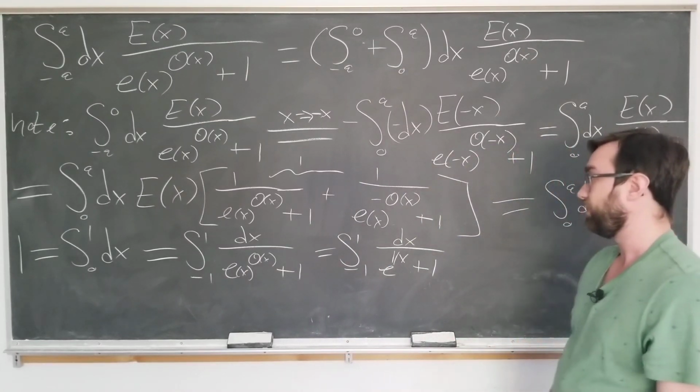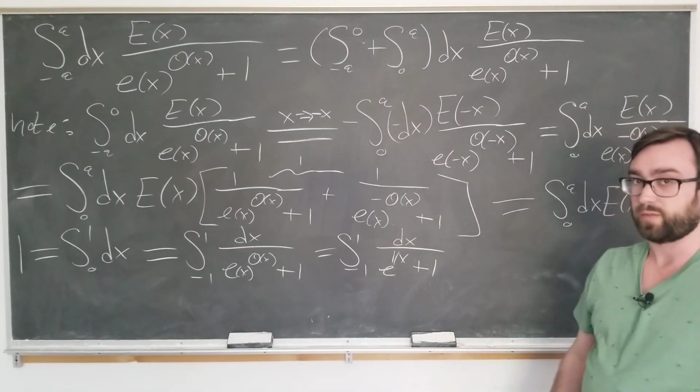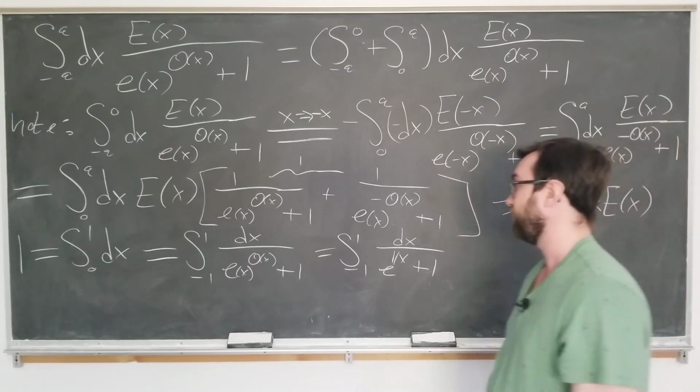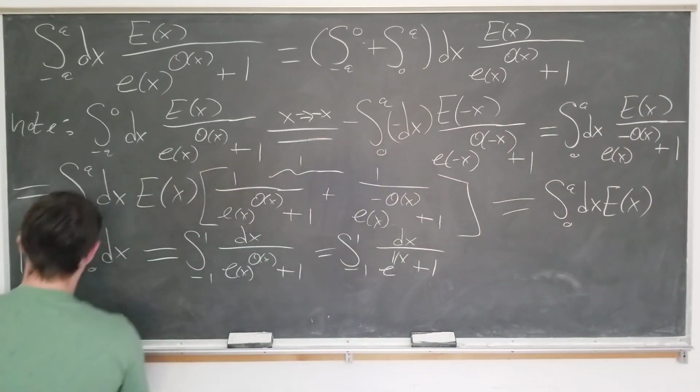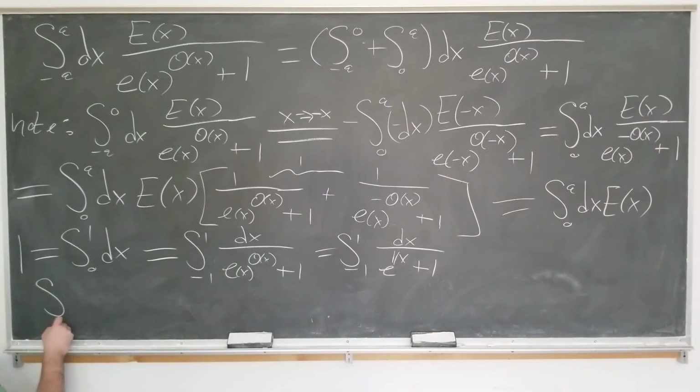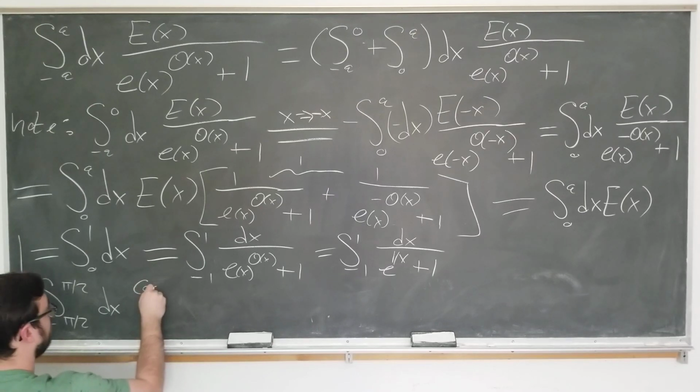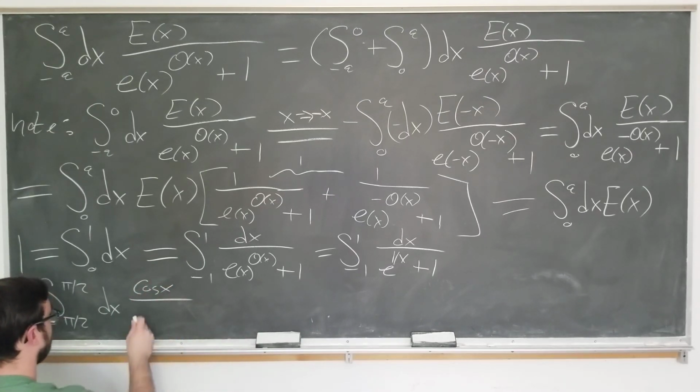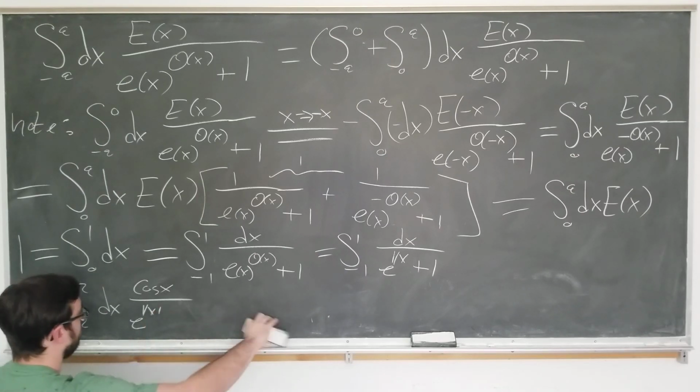And you can even generalize this further if you wanted to put an even function up at top. You could evaluate this integral, minus pi over 2 to pi over 2, with respect to x, of cosine x over e to the 1 over x plus 1, which is pretty cool.